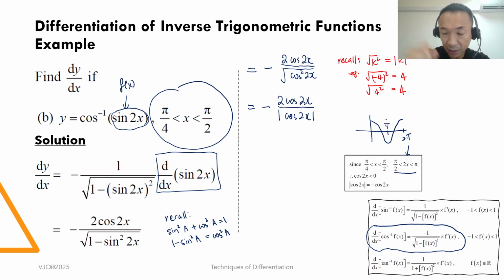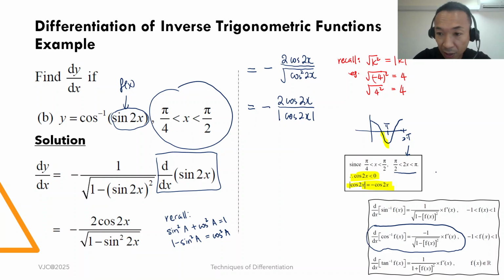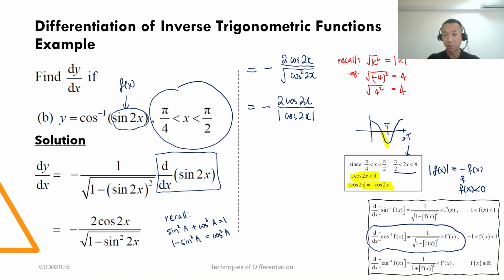For the section between pi over 2 and pi, your cosine 2x is actually negative. So when it's negative, recall that mod f(x) is actually negative f(x) if f(x) is negative. So recall this definition from your modulus chapter, and you will be able to see that.